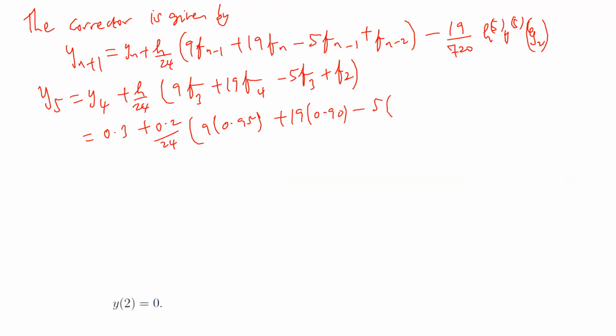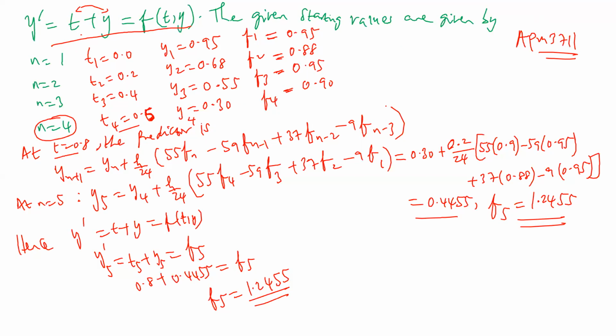Minus 5. F3 is the last column, 0.95. F3, 0.95.